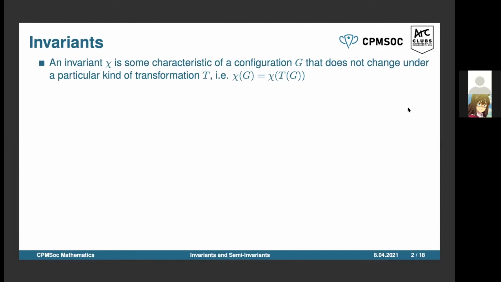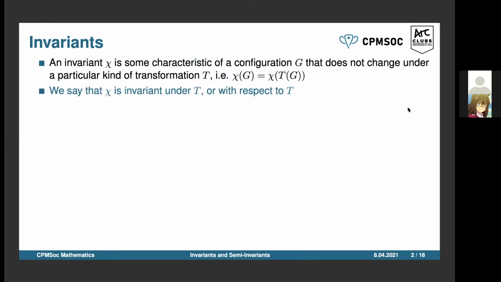So an invariant is basically a function of some problem setup. The problem setup changes under some transformation, but the invariant is some way of measuring what that setup looks like that doesn't change when you apply the transformation.